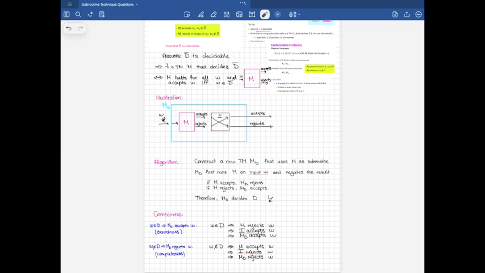So after we have all that, this means that we arrive at a contradiction. And why? Because using our assumption, we showed that we could actually decide the diagonal language. And this is completely wrong, because the diagonal language was undecidable in the first place.